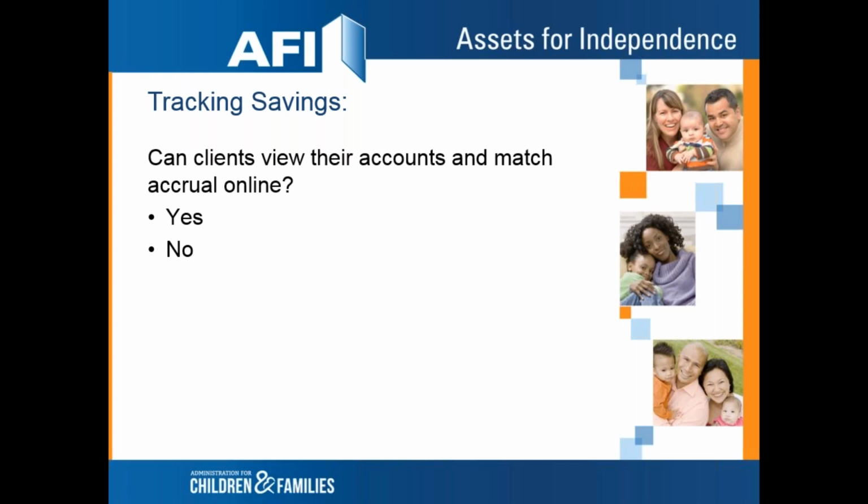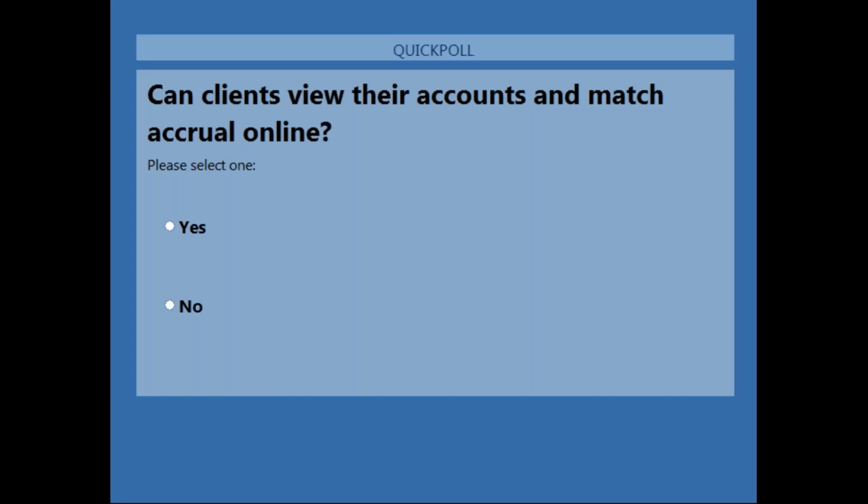Okay, so here is the next poll question. How many of us allow or provide a technological opportunity for our participants to view their IDA balances and their match accrual online through some sort of portal? Yes or no?